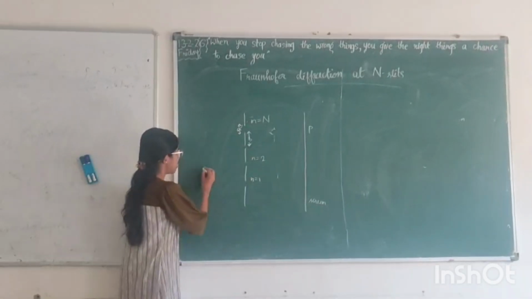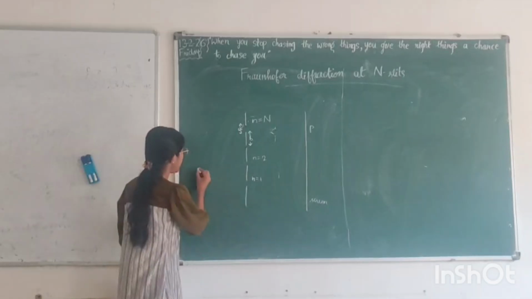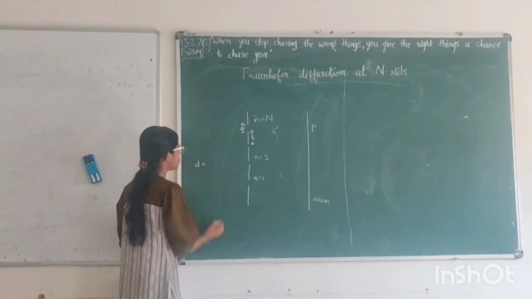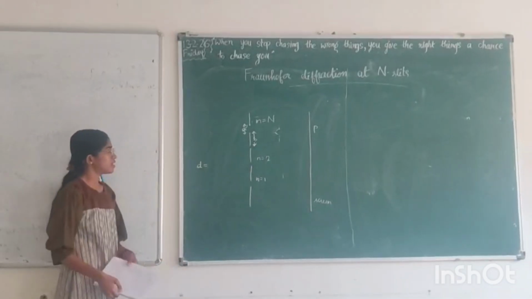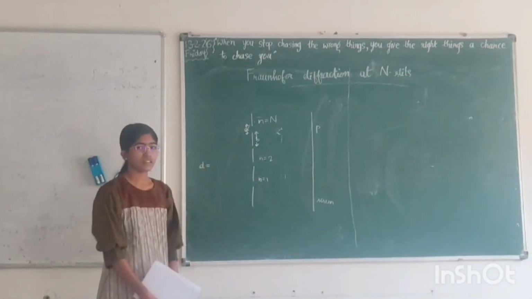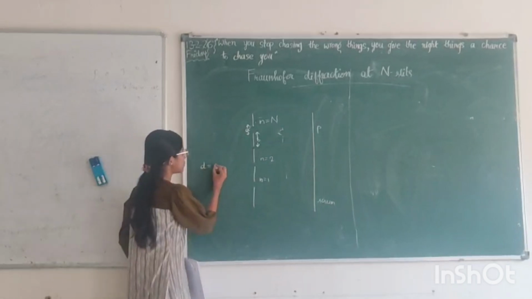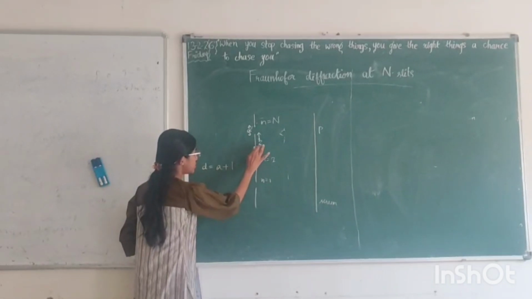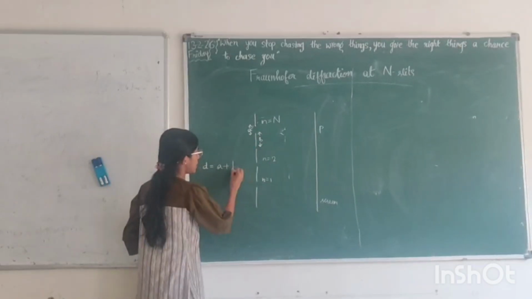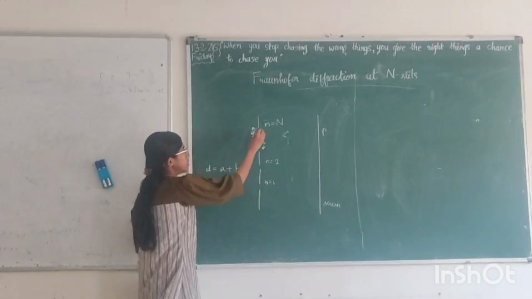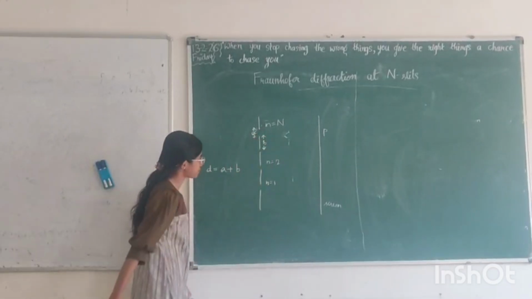Now we have the grating element d, which is equal to the sum of the width of the opaque space and the width of the slit. The width of the slit is a, plus the width of the opaque space, b. So the grating element is the sum of a plus b.